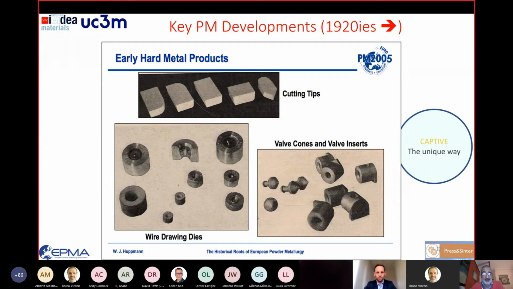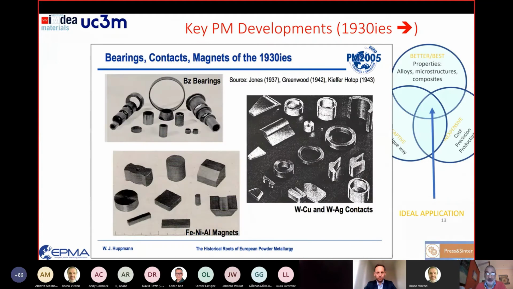The first hard metal products produced by press and sinter were developed in the early 20s, and the bearings were also developed in the first 30s. I have to say that at least in Spain, and I think in most parts of Europe, most of the PM companies that are now successful companies producing PM steels and other powder metallurgy products started in the 30s and 40s producing bearings made of bronze and copper-based materials.